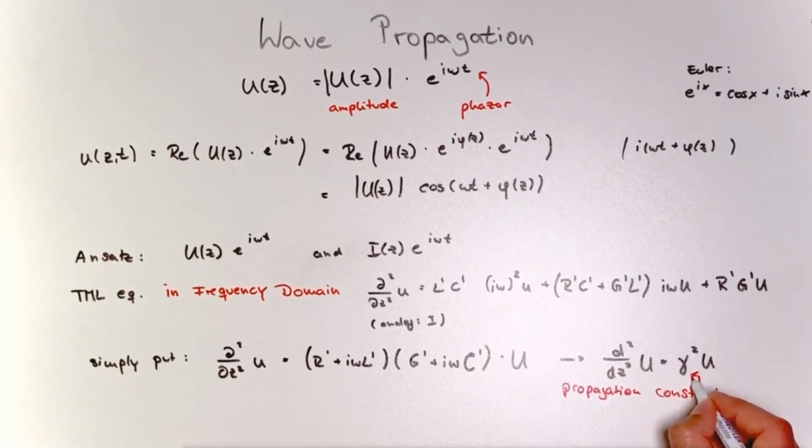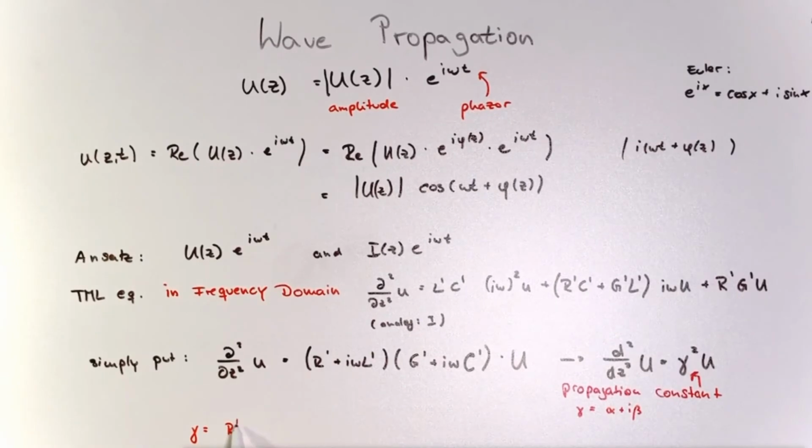Now the good thing is we can separate that again for a real, so an amplitude, and a phasor part, like we did in the very beginning for our first complex wave approach, and then we can identify the terms together. So if we write down what gamma actually is here, we get gamma equals the square root and then all what we have right there.